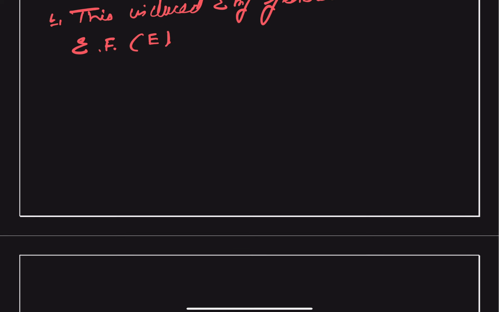Therefore, we can write the relationship that our electric field will be equal to induced EMF divided by 2 pi r, and we substitute the value of induced EMF, which is negative of pi r square B divided by 2 pi r, and this comes minus rB upon 2.